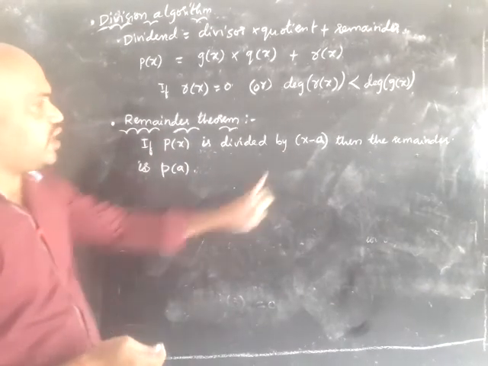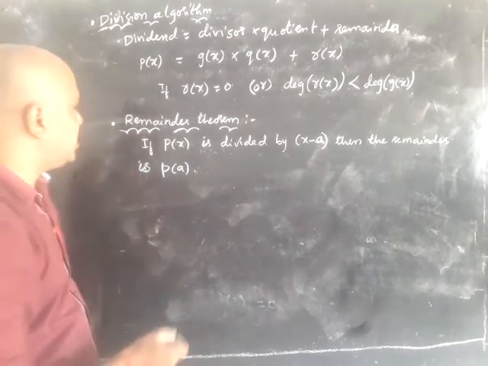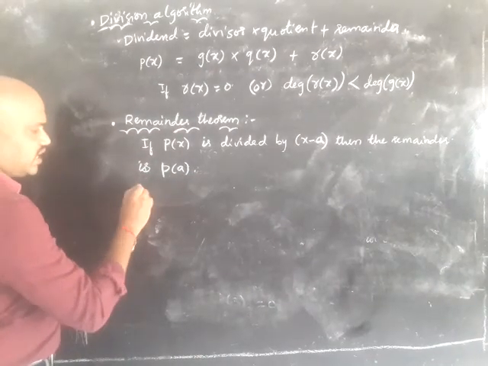If P of x is divided by x minus a, then the remainder is P of a. See the example here.